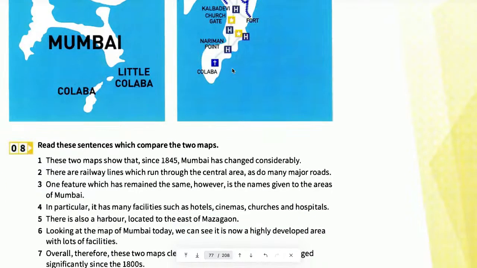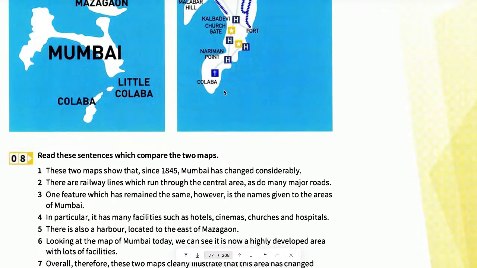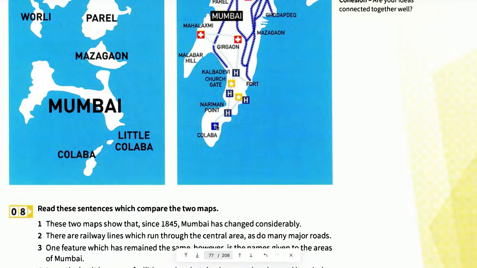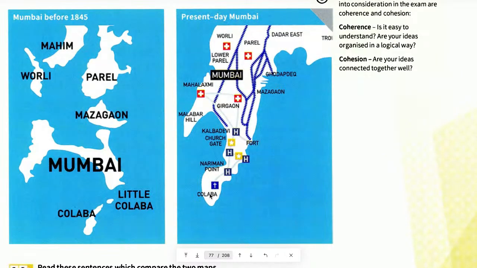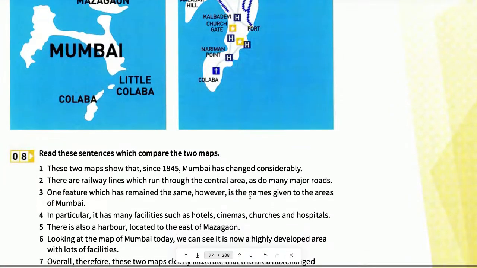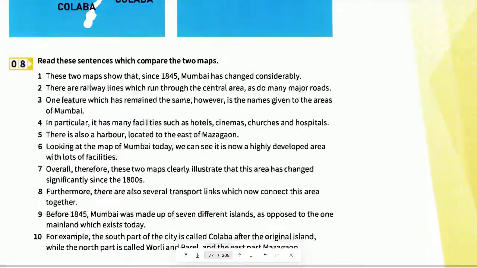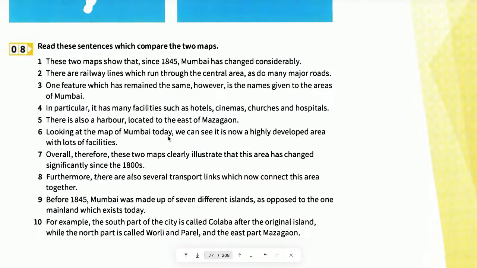Hotels, letter H. And we have cinemas, like on the south side before, there are the yellow stars. They represent cinemas, right? Churches, I think that's the blue one, next to Colaba, see that? Or in Colaba, in the south of that map. And we have hospitals, the red ones, right? Okay, very clear.